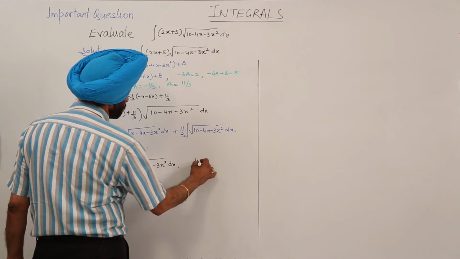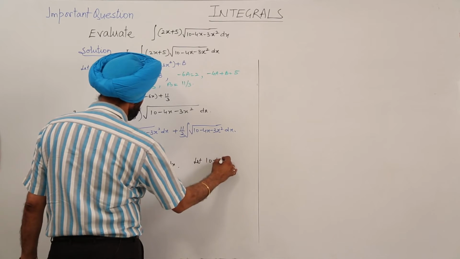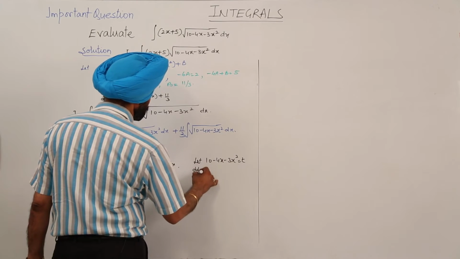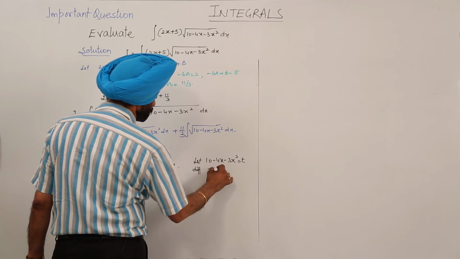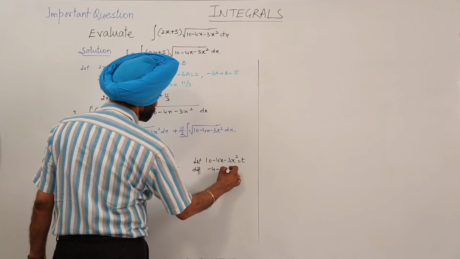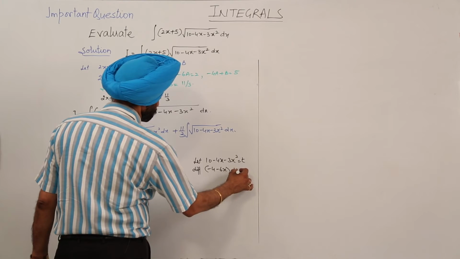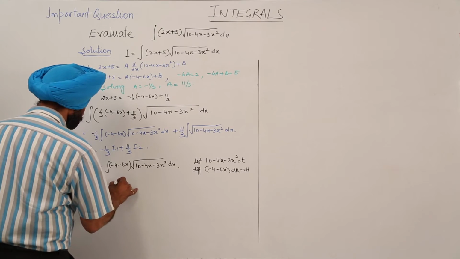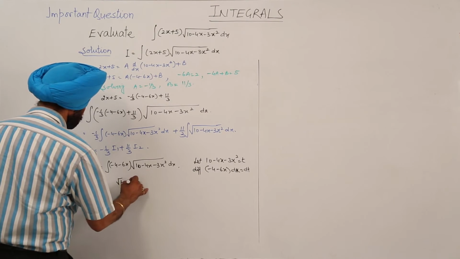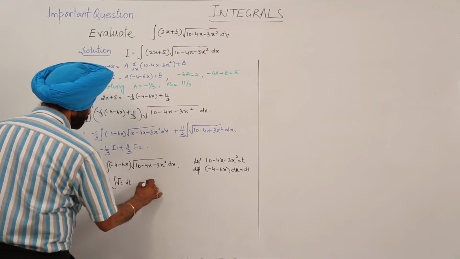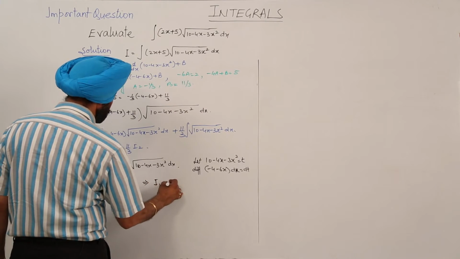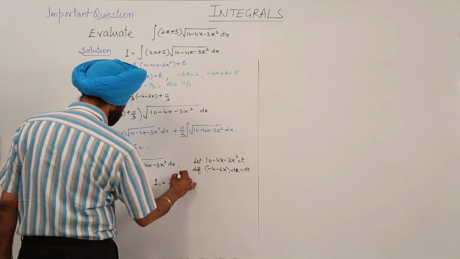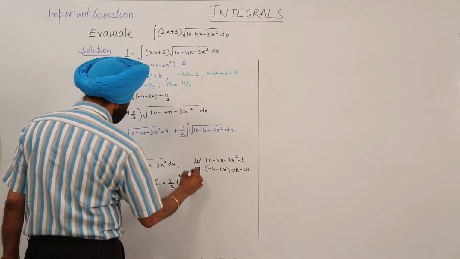Now let 10 - 4x - 3x² be equal to t. Differentiating, (-4 - 6x) dx is equal to dt. So we have the integral of 1 over square root of t dt, and this implies I1 is equal to 2 by 3 t raised to power 3 by 2 plus C1.